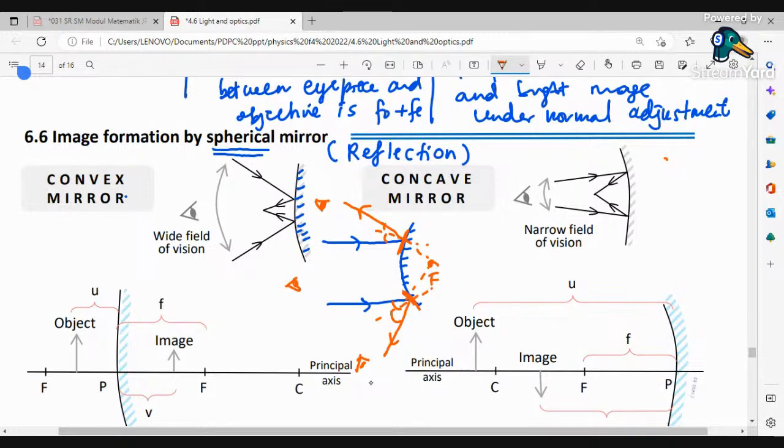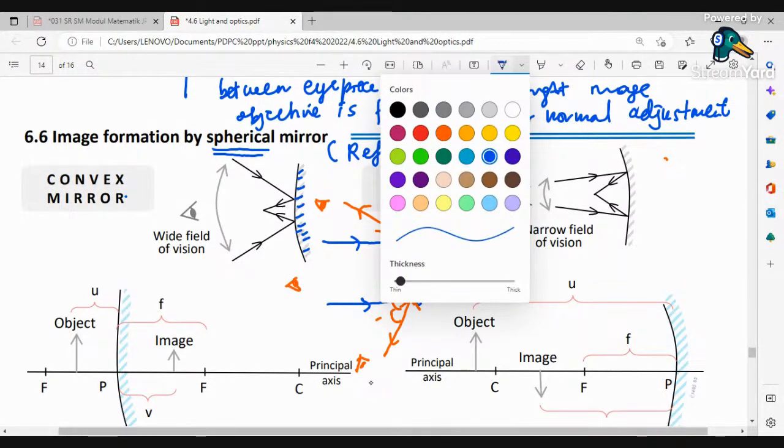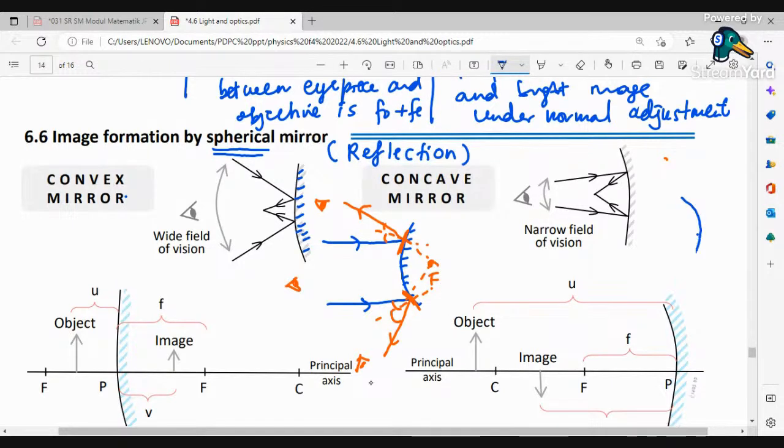Okay, now concave. Concave, macam cave lah kan, concave dia curve macam tu. Okay, dia curve macam ni, dia punya surface. So let's say, okay, kita normal line.